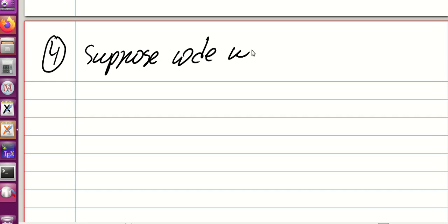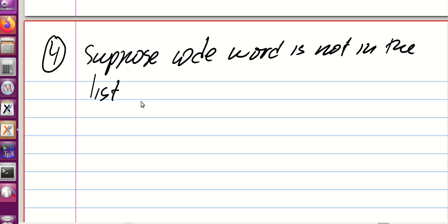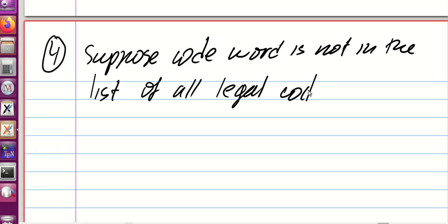Step number 4: suppose the code word is not in the list of all legal code words from step 2.